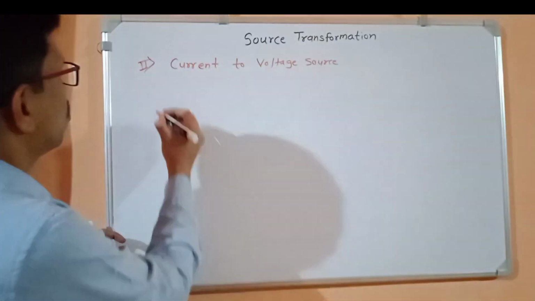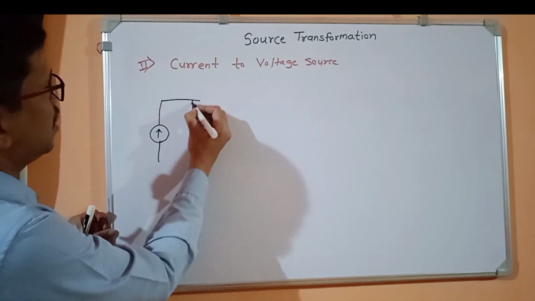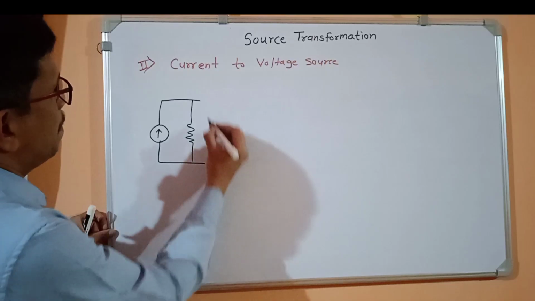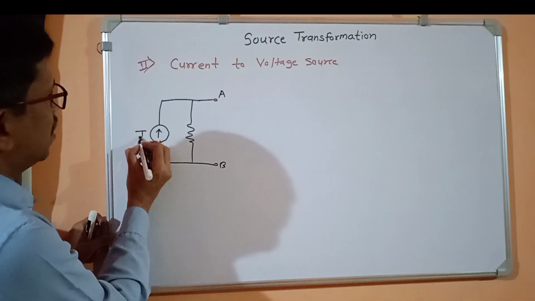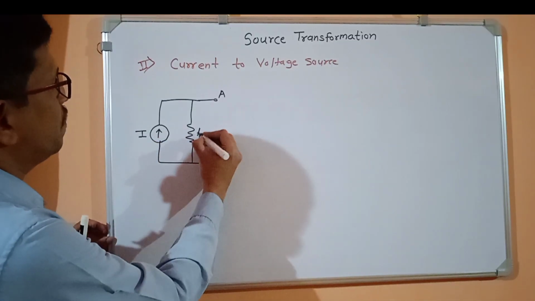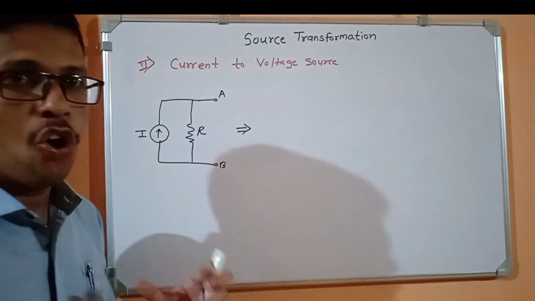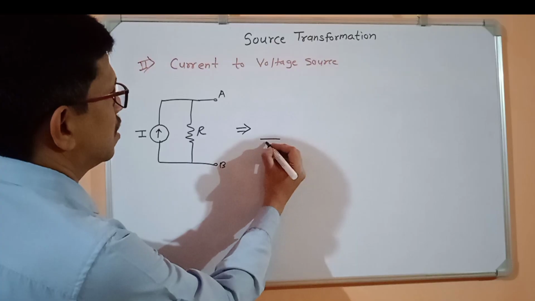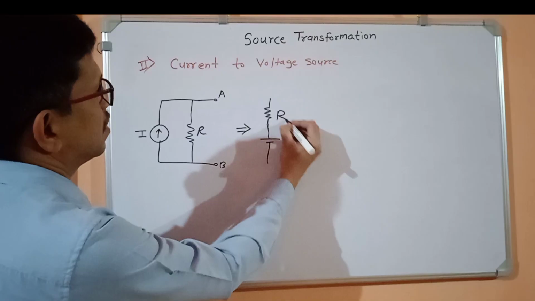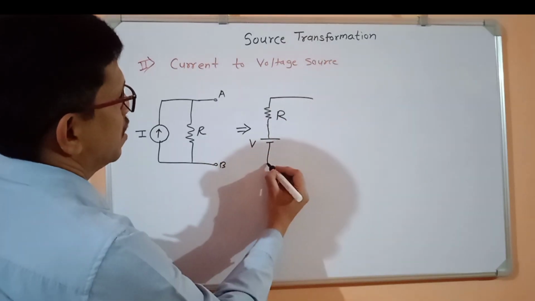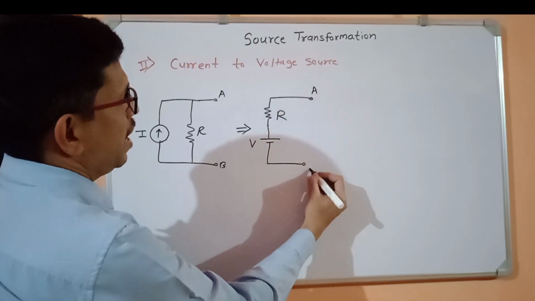If a current source is available in parallel with a resistance between two terminals, this can be replaced by a voltage source V in series with the same resistance R, within those two terminals A and B.